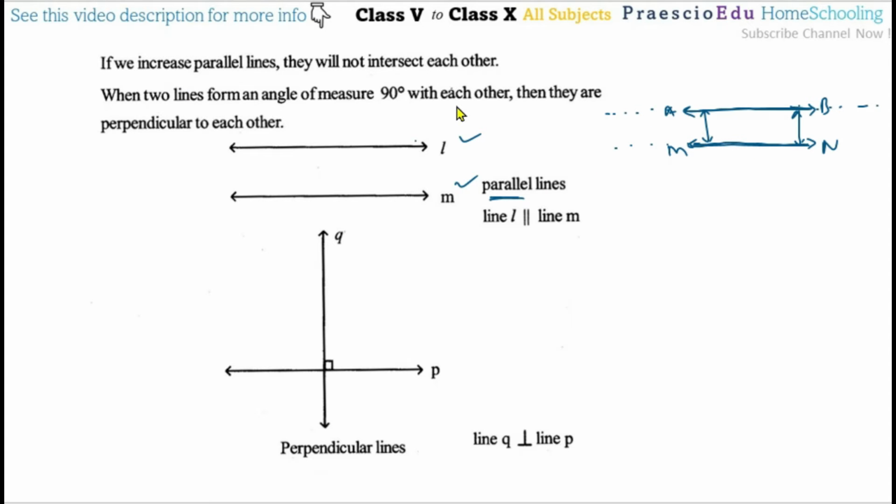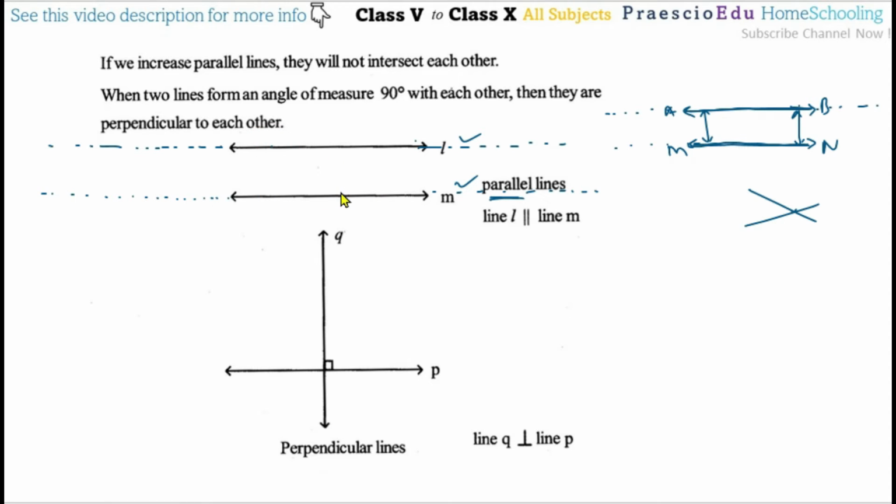I'm again repeating, parallel lines means if we extend these two lines at both ends for infinite distance, 1 kilometer, 1,000, 1 lakh, any kilometers, they will never intersect, they will not meet each other. Then these two lines are called parallel lines.